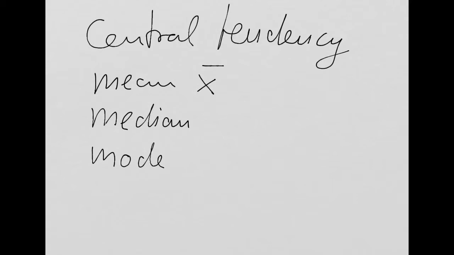Although it's probably important to mention that if you have a data set, for example, 1, 2, 3, 4, 5, we can calculate the mean: 3, 6, 10, 15 divided by 5.